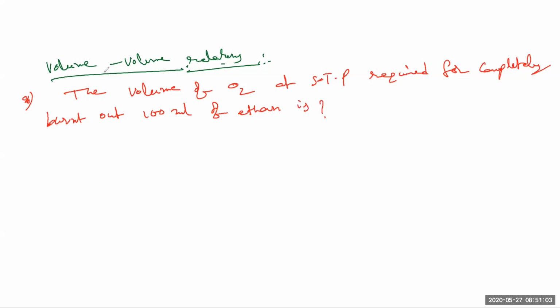Question understood, all of you? The volume of O2 at STP required for complete combustion of 100 ml of ethane is.